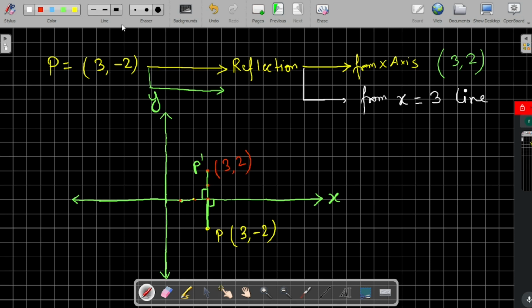You can see the diagrammatic representation of the question. I want to find the image of point P, that is 3 comma minus 2, with respect to line x equals 3. Yes, tell me the answer. x equals 3. Okay.